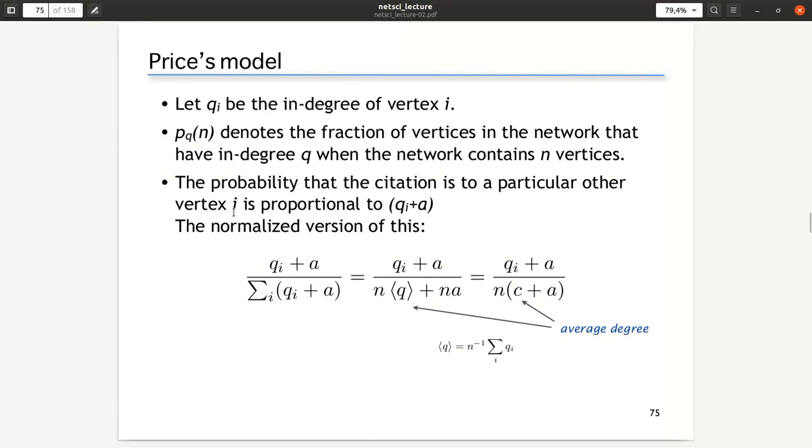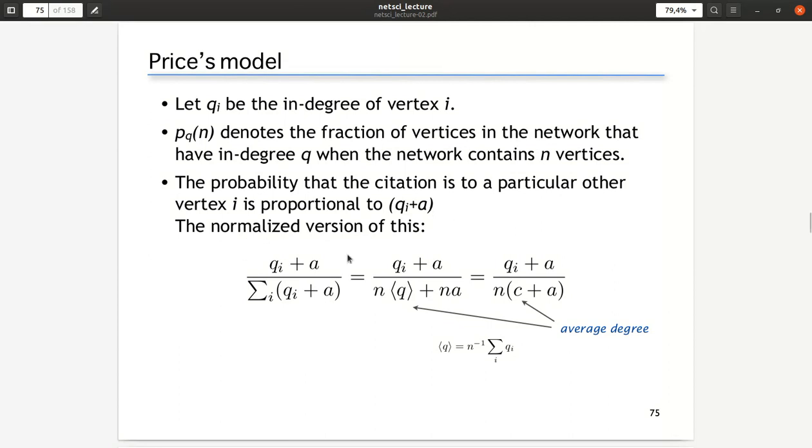And by this one, the probability that a given citation is referenced to a particular other vertex i is of course proportional to q_i plus a. So q_i was the in-degree of vertex i, and this plus a is given there because that's the number of free citations, as we fixed this in the previous slide, I guess.